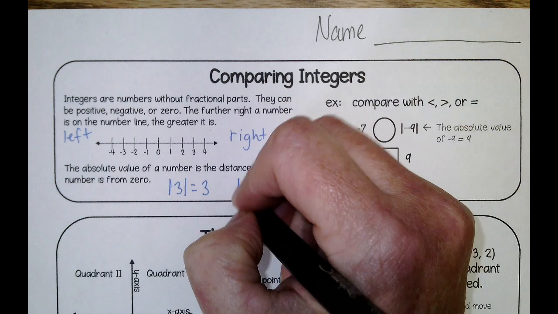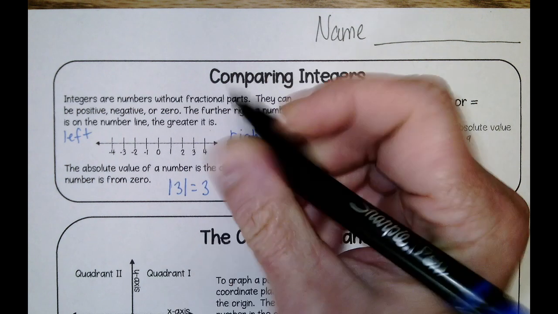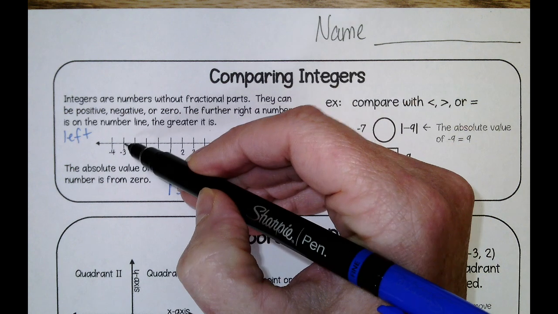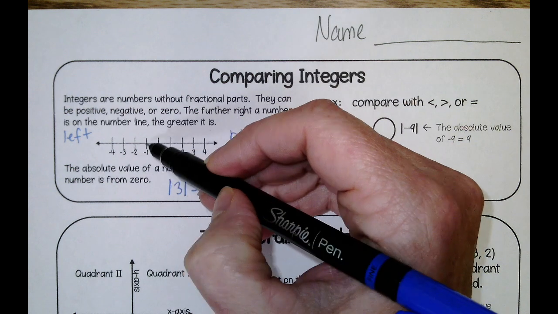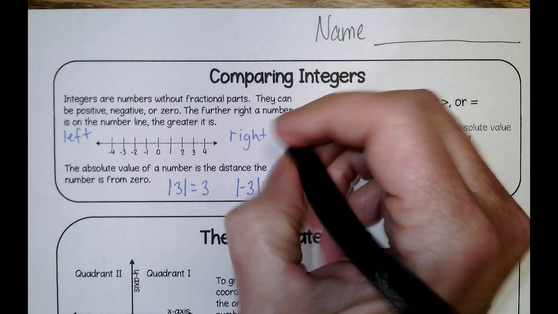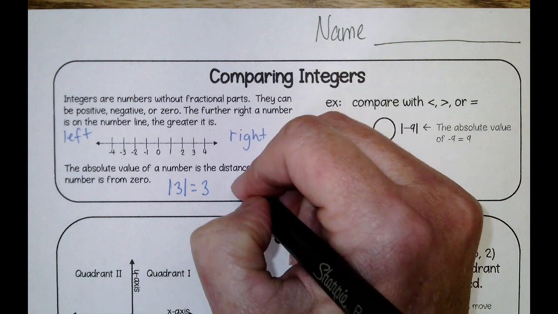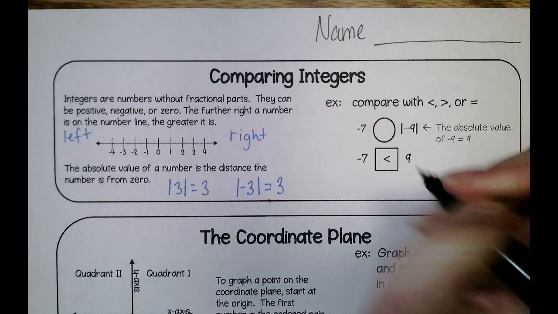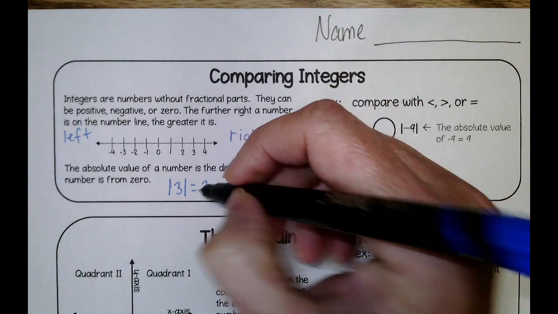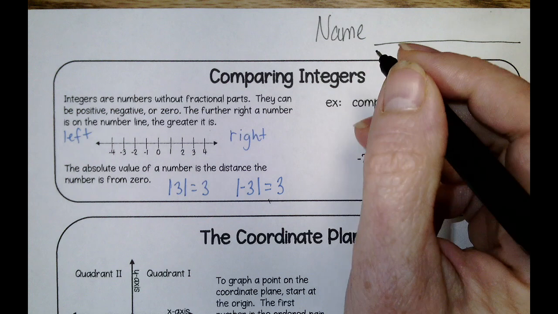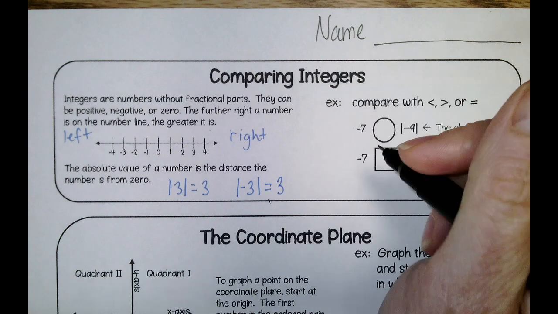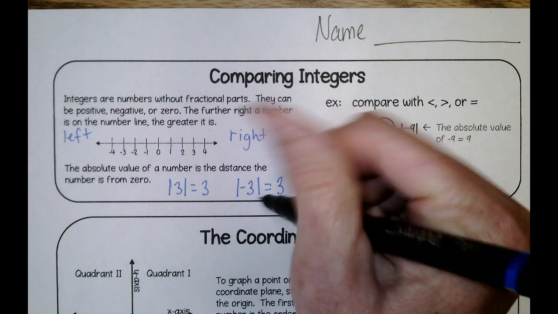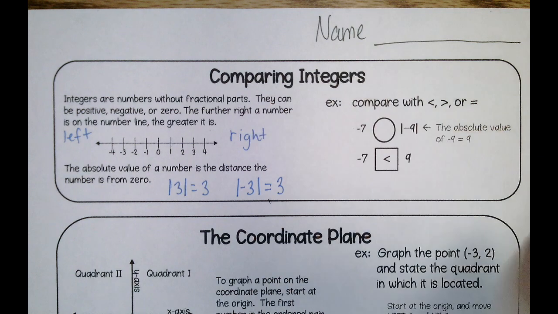Now the absolute value of negative 3, if you look at it on the number line, is 1, 2, 3 units away from 0. So the absolute value of negative 3 is positive 3. Okay? This is very helpful whenever we are going to have a conversation about adding and subtracting integers. Learning the absolute value is going to help you a lot.